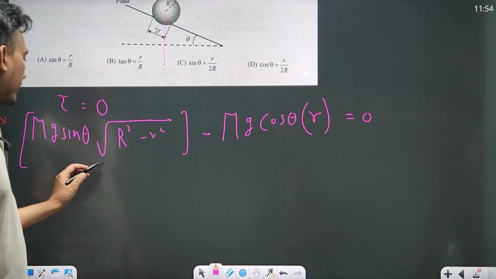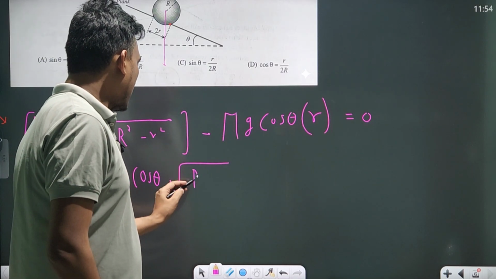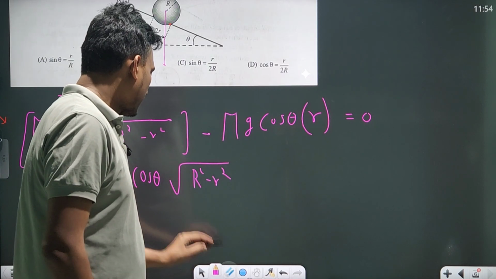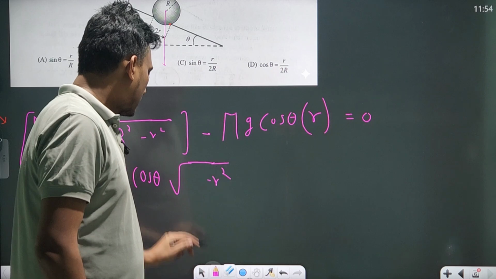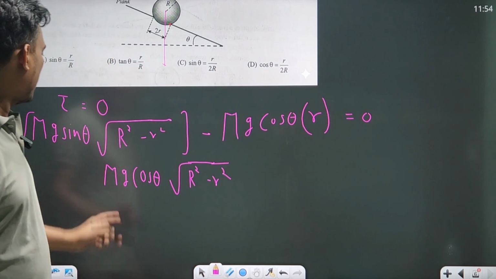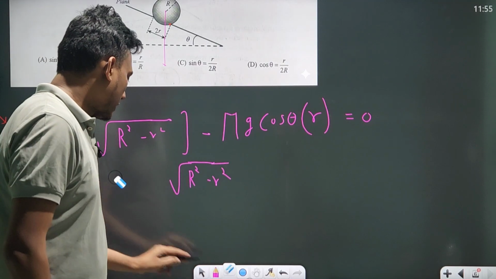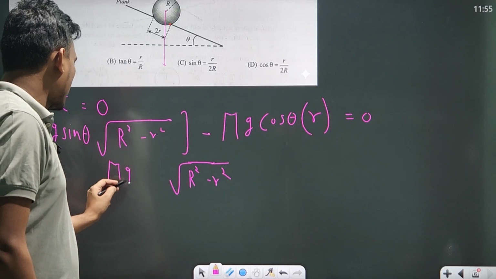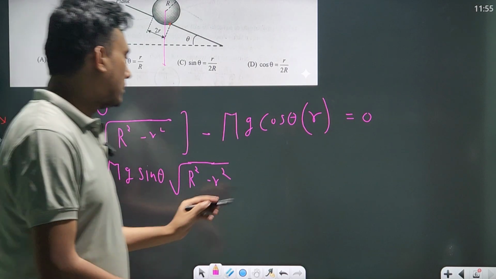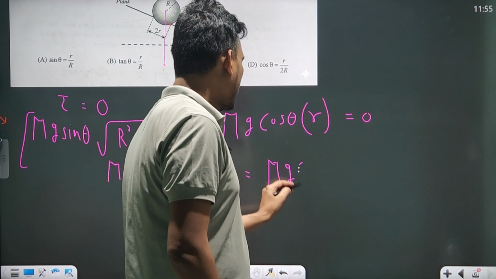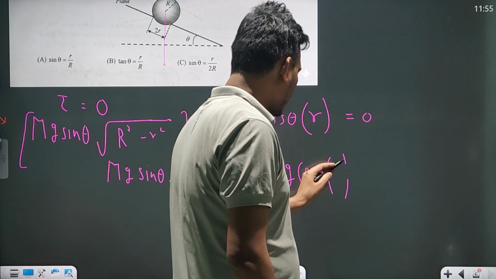So both values should be equal: mg sin theta times the square root of R squared minus small r squared equals mg cos theta into small r.